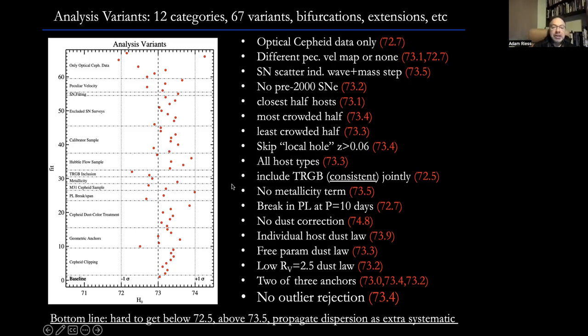The bottom line here is it's very difficult for us to get below about 72.5 or to really get much above 73.5. The additional scatter from the systematic variance we propagate as additional error in our measurements.